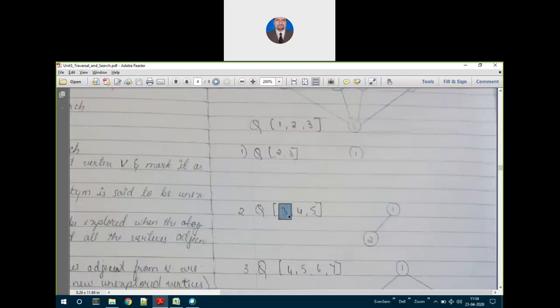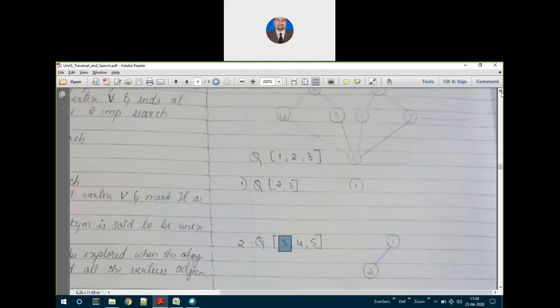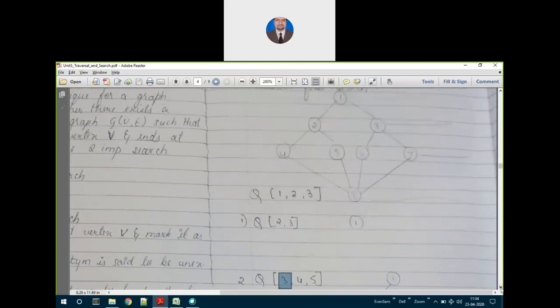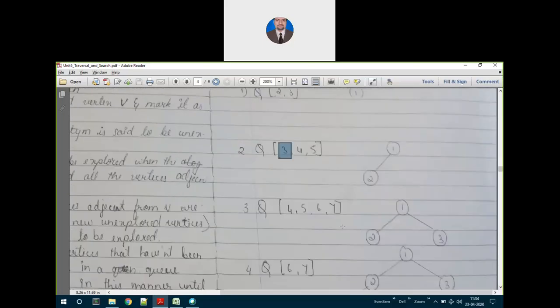In order to do this, I will consider the vertices connected to 3: 6 and 7. I will add them to my queue, and I come to know that 3 is explored. So I will remove 3, and add 3 to my graph over here. Now the graph will contain 1, 2, 3 as explored, and 4, 5, 6, 7 as unexplored vertices.